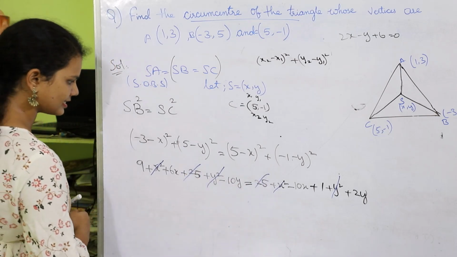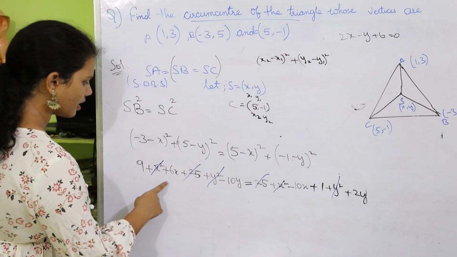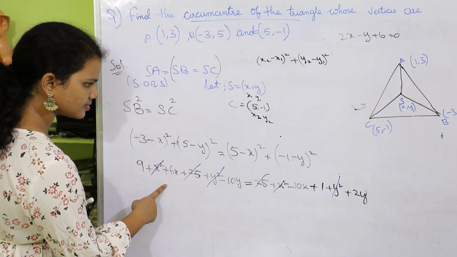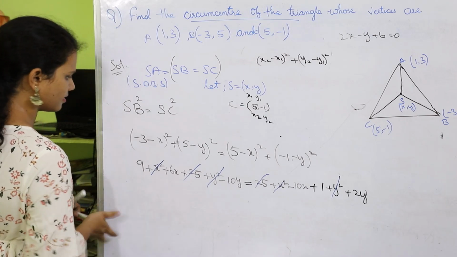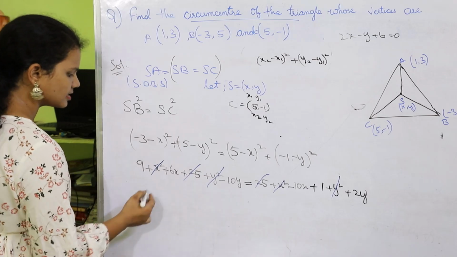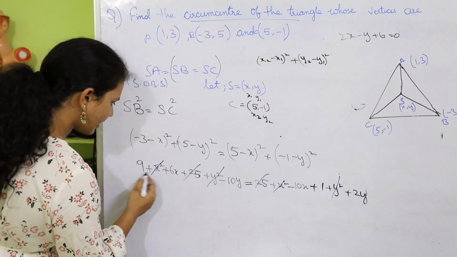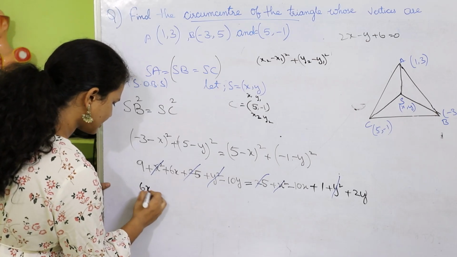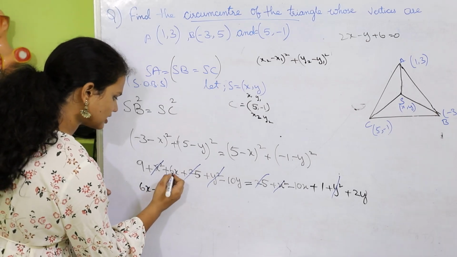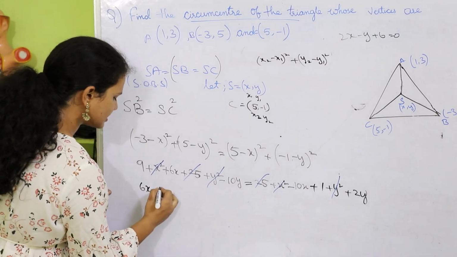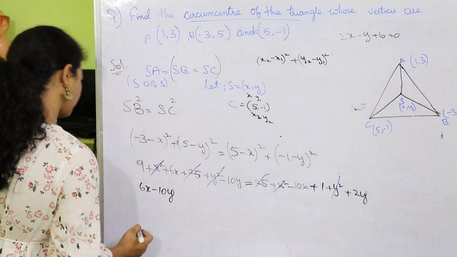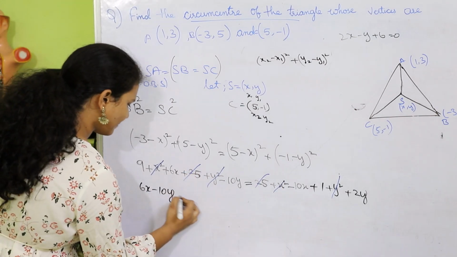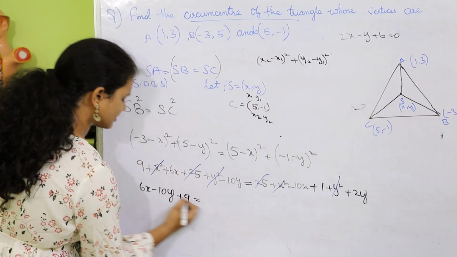So that's what I have cancelled. Here you have plus 10x. Done. Now here comes the process. Now here you have 9 plus 6x. Let it be. So here 6x minus 10y plus 9 is equal to.